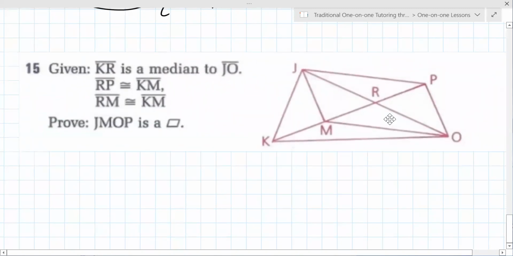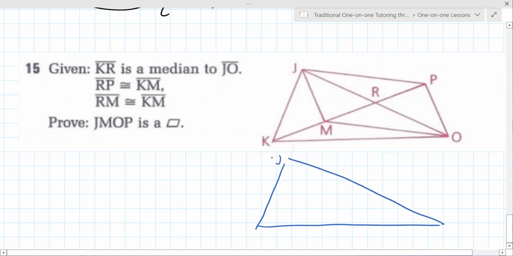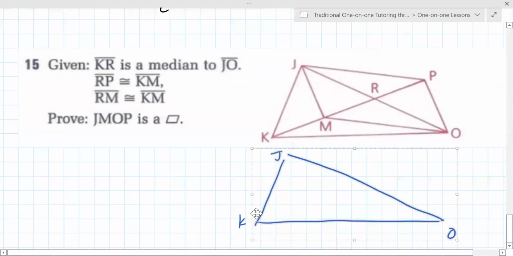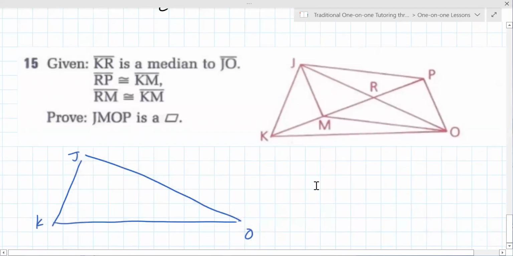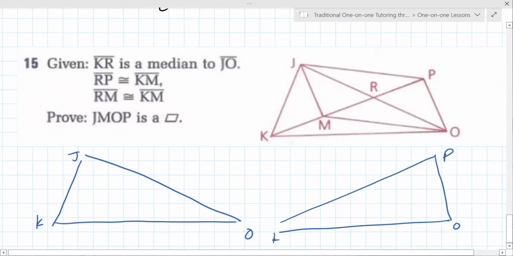So whenever I see a drawing like this with a lot of lines, I tend to think that I'm going to have to separate out something and redraw just the parts of it that I care about. There's so much here. Like I see that there's a triangle JKO like that, and then there's kind of that one other one that's overlapping there, like I see KPO like that.